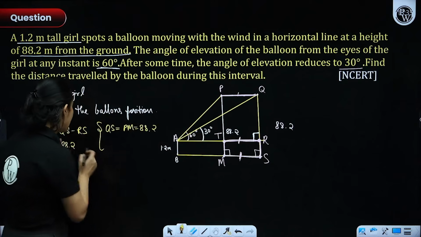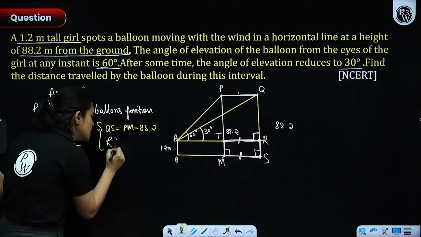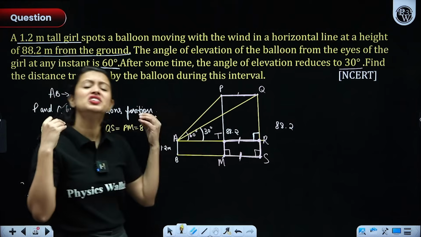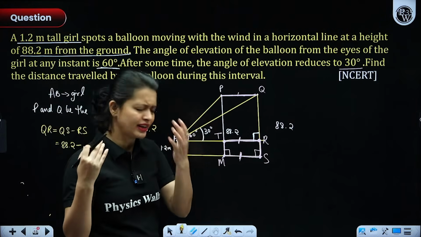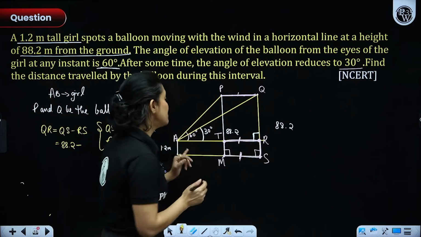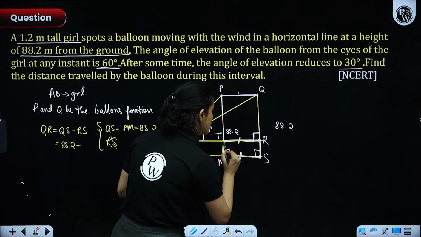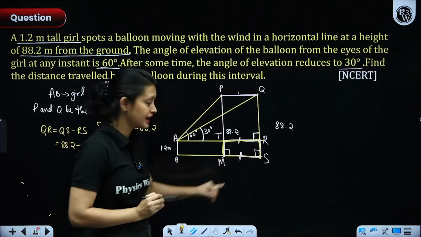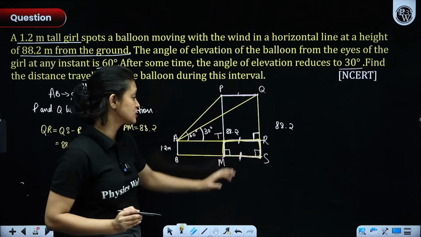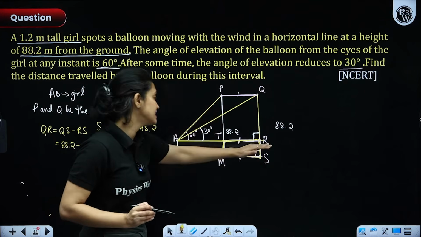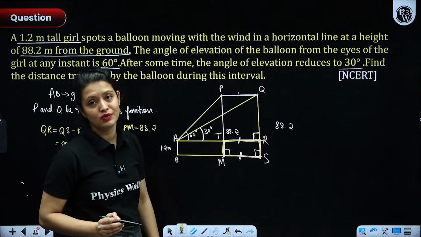Now this RS, what to do with this RS here? Again, the same rectangle concept. Think about it, guys. I have already told you that this is a rectangle because both of these angles are 90 degrees. So if this is a rectangle, I can say that RS and TM are equal.